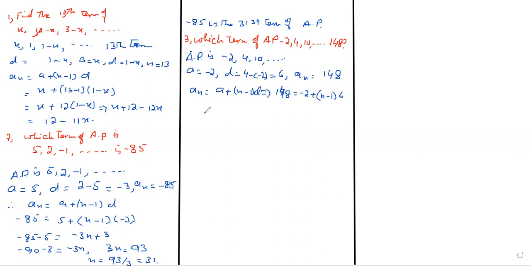Take this to that side. So 148 plus 2 equals to 6n minus 6 implies 6n equals to 150 plus 6. So 6n equals to 156 and n equals to 156 over 6, which is equals to 26.